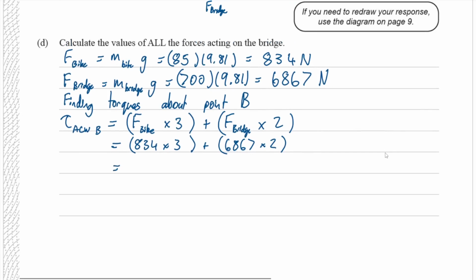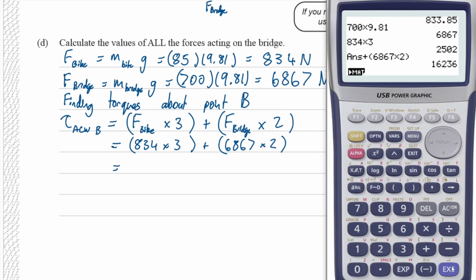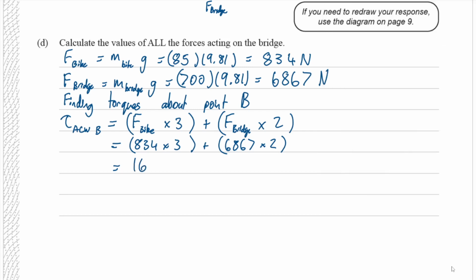And if we compute that, 834 times 3 plus 6867 times 2 gives 16,236, and torque is in Newton meters. So that was the anti-clockwise direction.